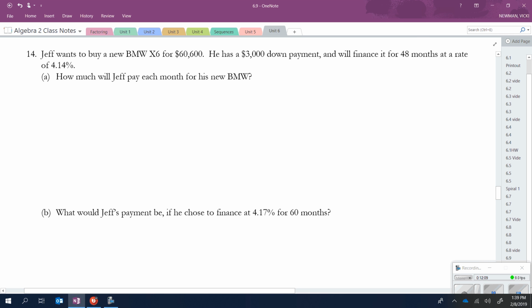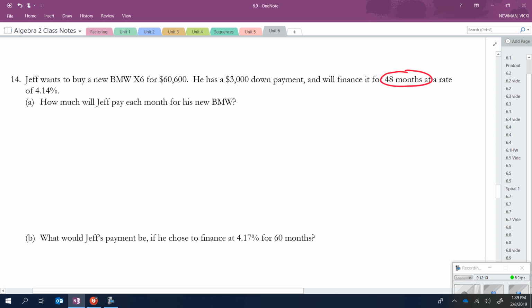Yes, we just saw that same example. So 48 months is n times t. Sometimes you're given them together, and sometimes you're given them separated. So I want to be consistent with the formula that we use. Does that make sense? Other one? Okay. At a rate of 4.14.